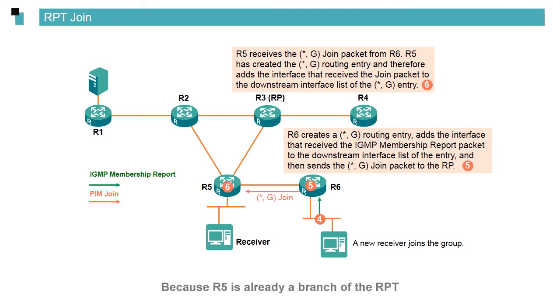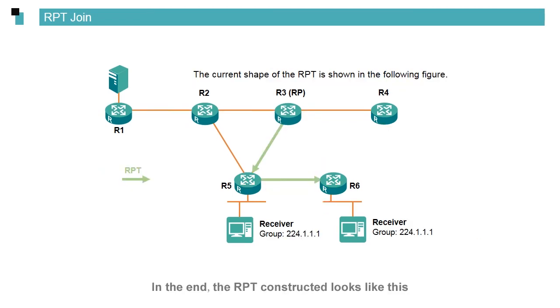Because R5 is already a branch of the RPT, it simply adds the interface to the downstream interface list and forwards the multicast traffic to the interface. In the end, the RPT constructed looks like this.